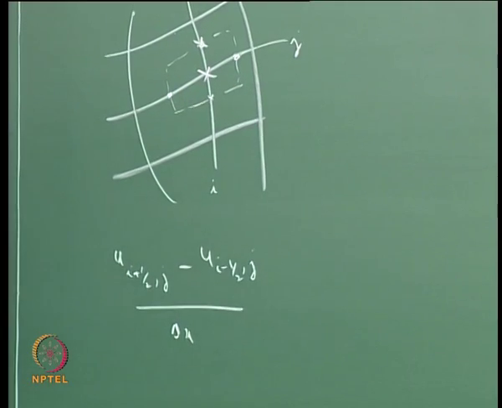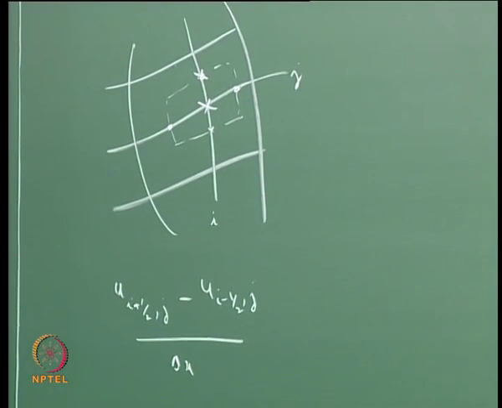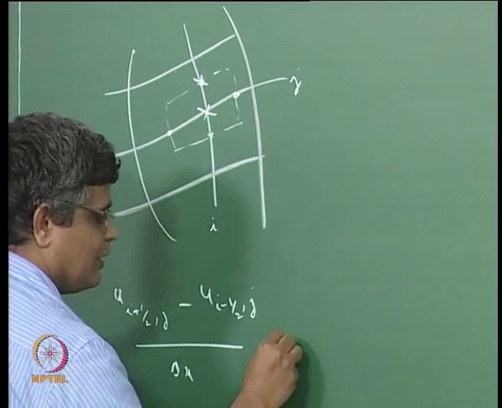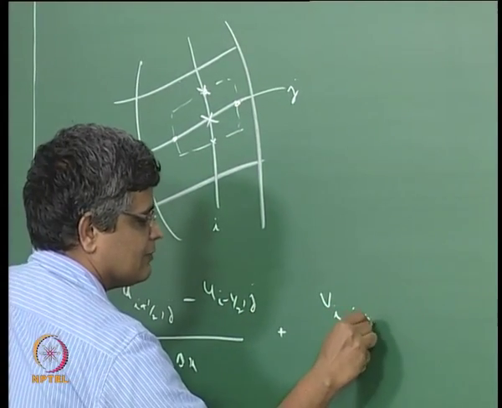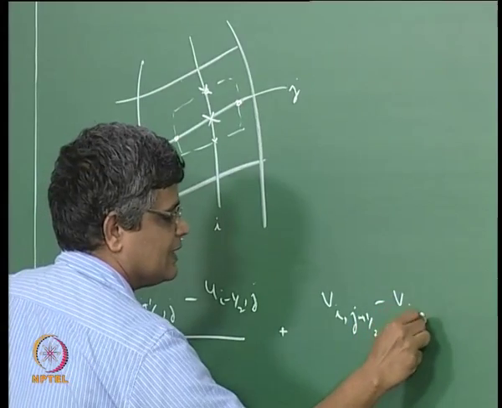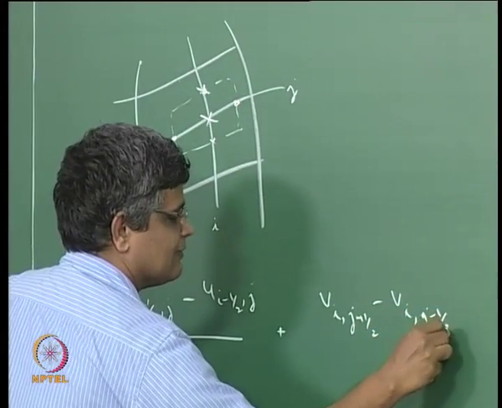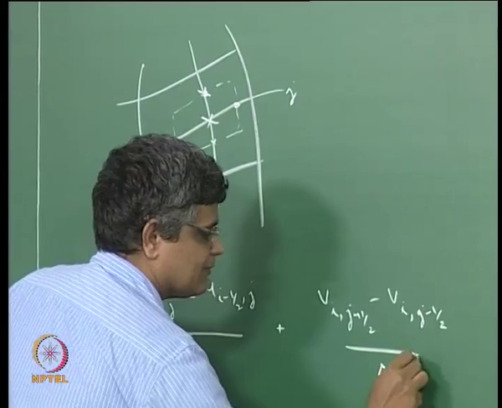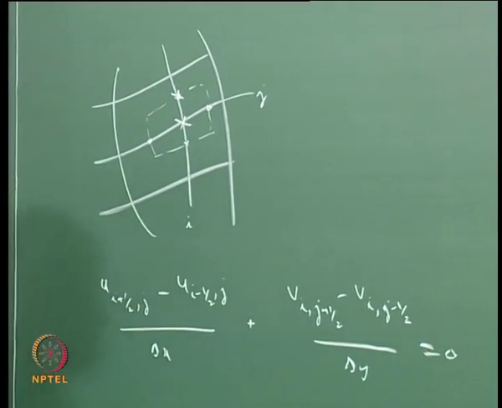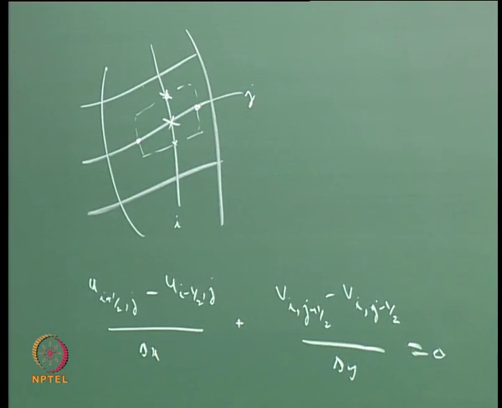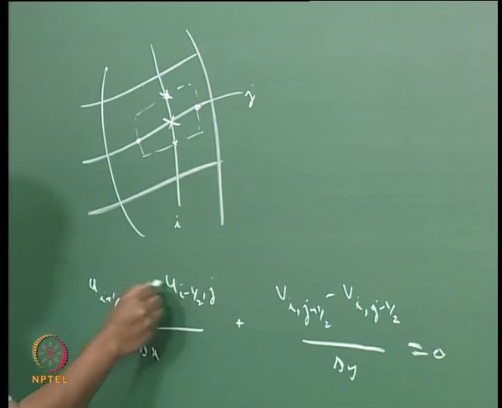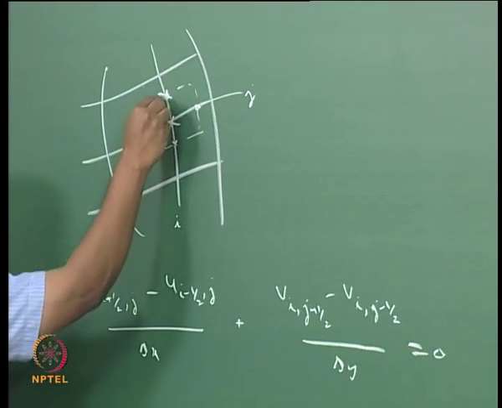We will just call this delta x, it can be slightly more complicated, plus v at i, j plus half minus v at i, j minus half divided by delta y equal to 0. This is the discretized form of the continuity equation, and in order to apply this we need to have values of the velocities at these face points.